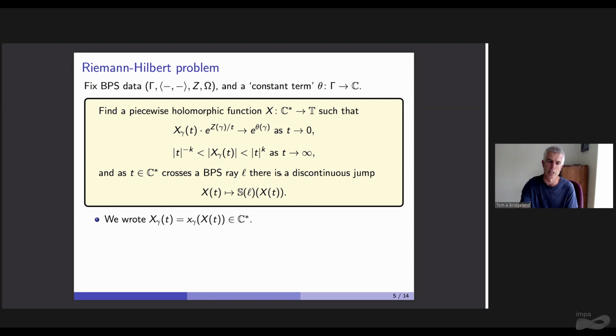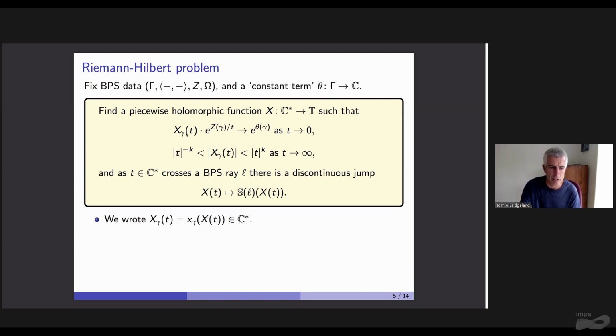So making sense of this Riemann-Hilbert problem is a little bit of a tricky thing to do. I'm essentially sweeping technicalities under the carpet, basically because I don't really take this too seriously. You should consider this as an interesting suggestion and you should study it in examples and see what happens. I don't think it's reasonable to try and build a general theory on this as yet. So first we should study examples and find out what the answer looks like in those cases.